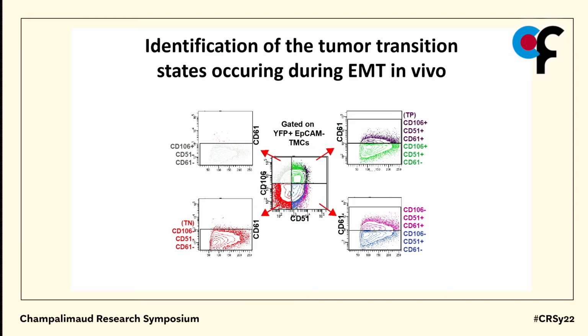They were CD51 and CD61, which is alpha V beta 3 integrin, whose expression was previously reported to be heterogeneous in certain cancer stem cells, such as in the breast, by David Cheresh's group in San Diego. And CD106 was VCAM1, which was at that time recently identified by the group of Joan Massagué as a marker of metastasis-initiating cells in solid tumors.